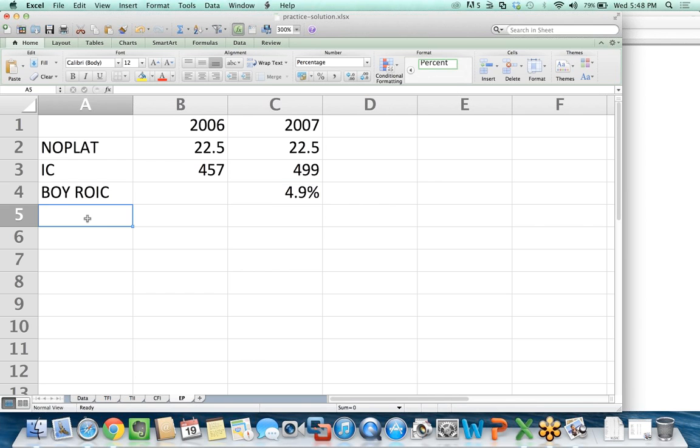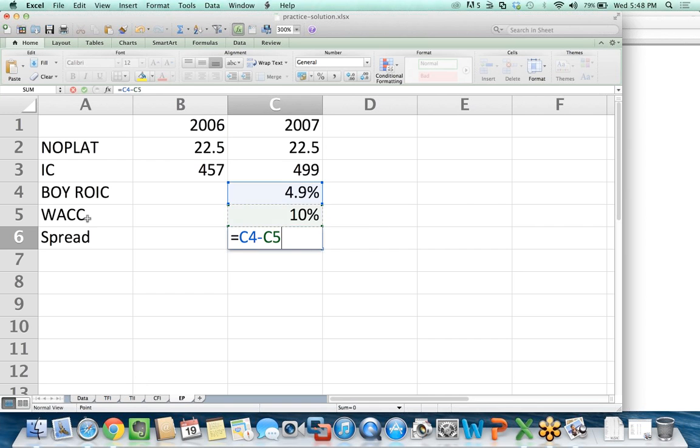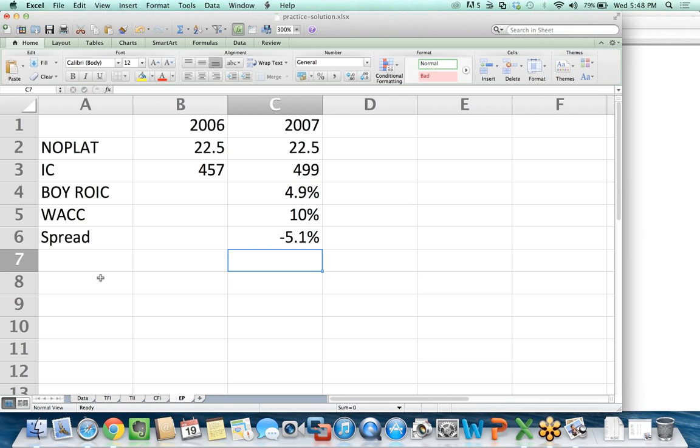5%. Let's just say for kicks, I had a WACC of 10%, just to keep it simple. I'll give you that assumption on an exam or an assignment. So my spread is negative. I am destroying value. So my economic profit equals my spread times my beginning of year invested capital, which would be negative.